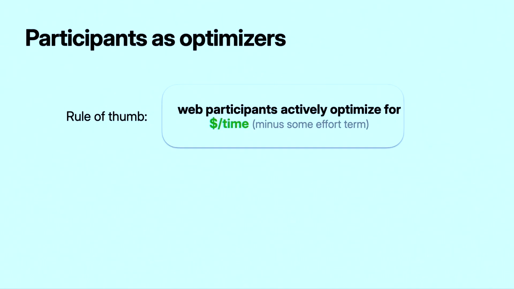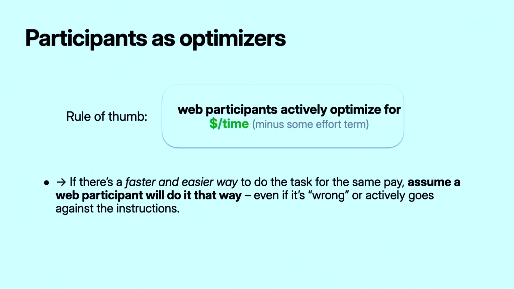Here's a crude rule of thumb: people on the web actively optimize for earnings across time, minus some sort of effort regularization term. This is a cartoon Homo economicus view. Put another way, if there's a faster and easier way to do the task for the same amount of money, you should assume that someone will figure out how to do it that way, and then they'll actually do it that way, even if it's wrong or actively goes against your instructions.